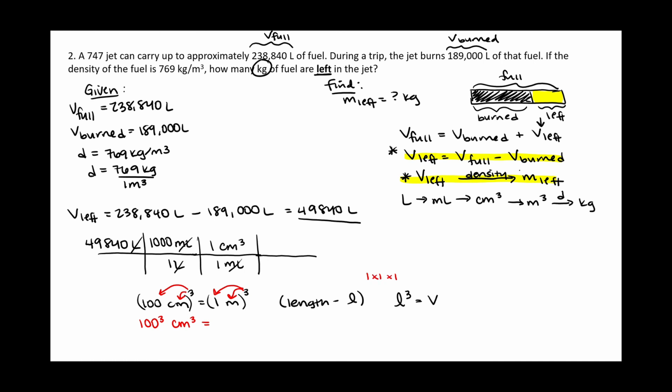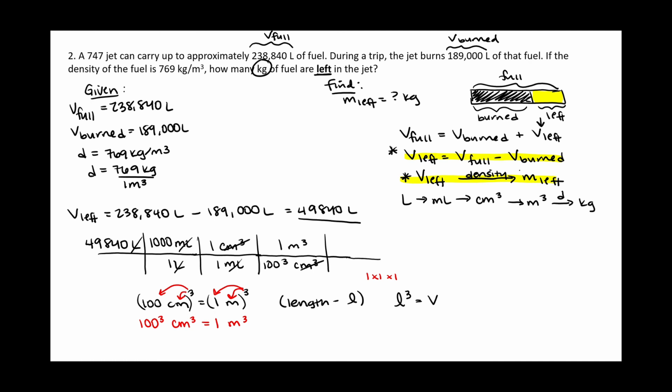It's going to be 1, and then meters cubed. 100 cubed is 1,000,000. But just to keep this nice and clean, and to avoid writing a bunch of zeros, I'm just going to put 100 cubed cubic centimeters and then 1 meter cubed. Now those will cancel out.